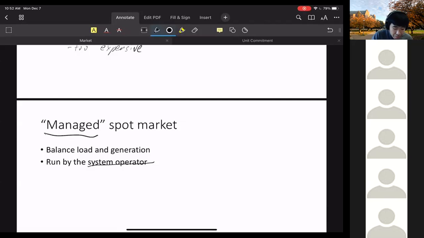What this system operator does is determine the allocation. The system operator has the final say on how much a generator should generate and how much load, how much demand, we get to consume.